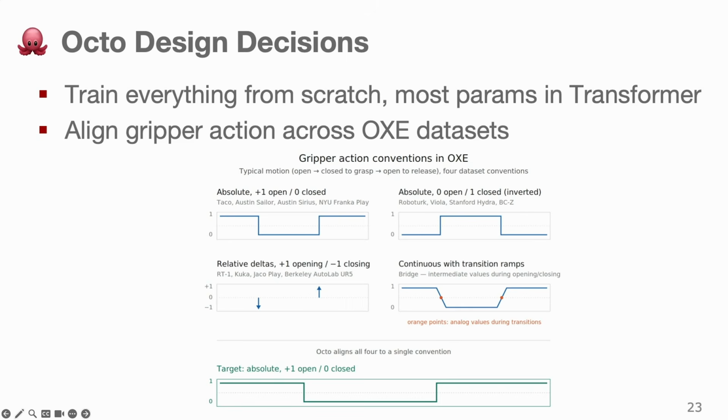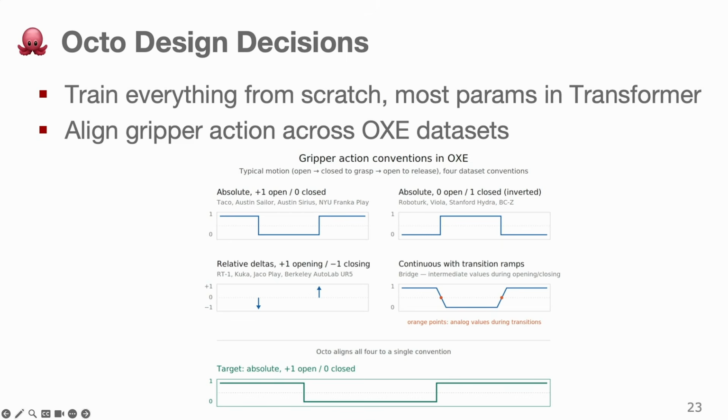And maybe some additional insights we had in this project was that although we didn't align the coordinate frames from all these different data sets, which was a scalability choice, we did take care of aligning the gripper dimension of all the different data sets. This was because in the beginning, a lot of the failures were related to the gripper, like early grasping.